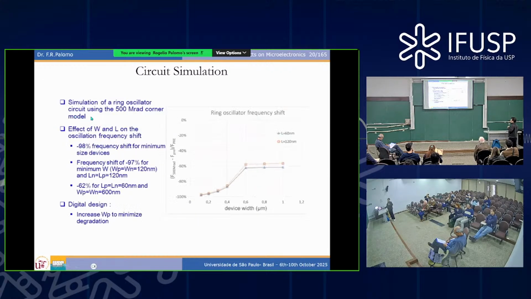simulations. They coincide with the results in the experiments, and in particular, this was a circuit simulation. We designed a ring oscillator. It's very simple to see TID effects in a ring oscillator, basically because the frequency becomes dependent on the dose.